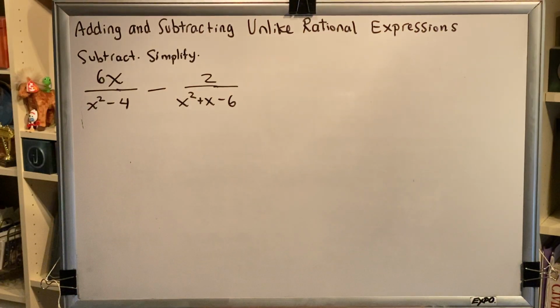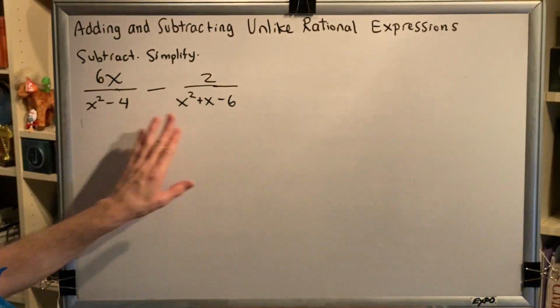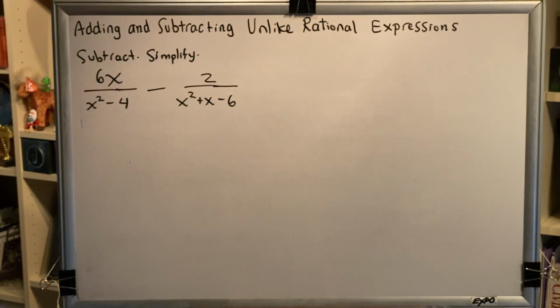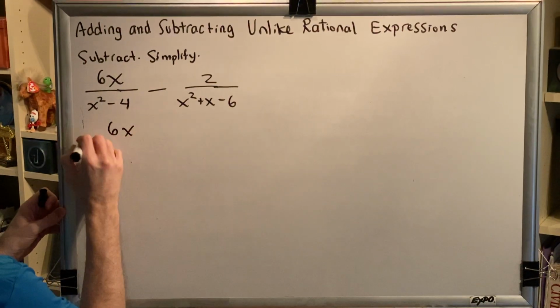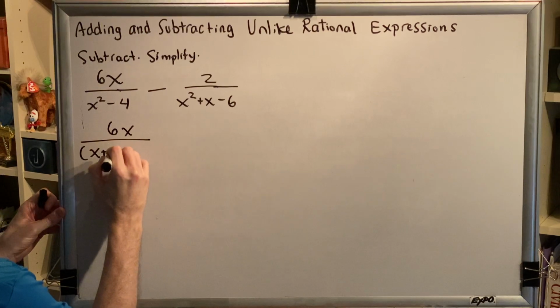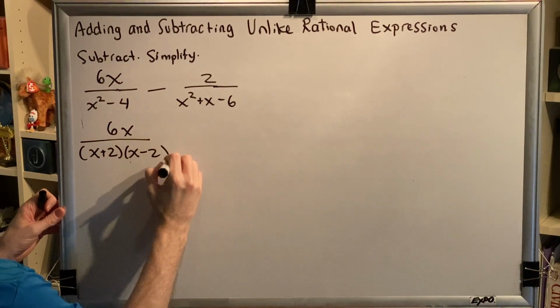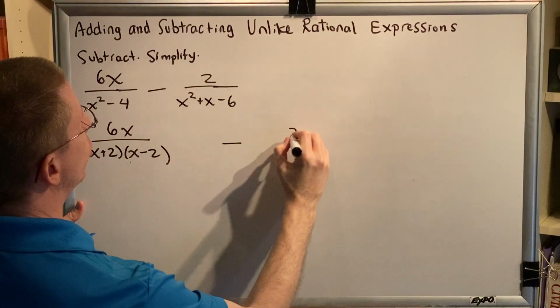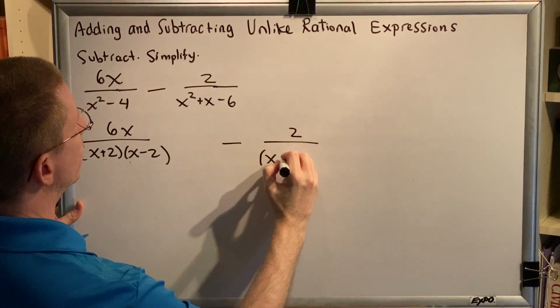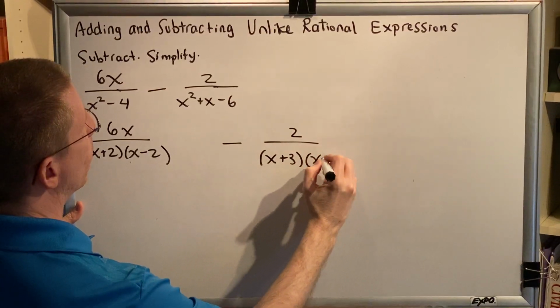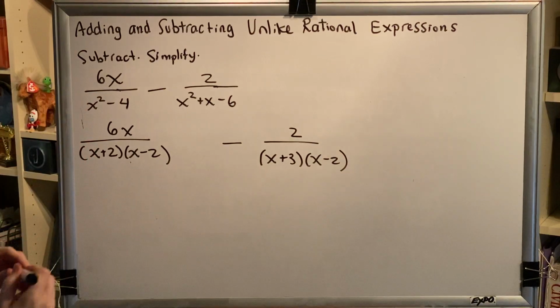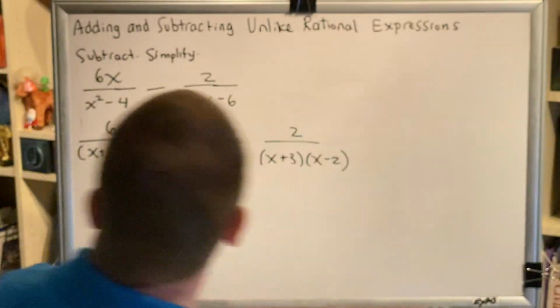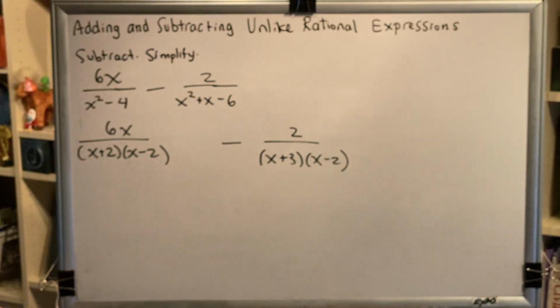Okay, let's begin. So the first step we need to do is to make these like. And the first step of that process is to factor the denominators. So we get 6x over x plus 2, x minus 2, minus 2 over x plus 3, x minus 2. Next, place needed factors in the top and bottom of each fraction so that the denominators match.